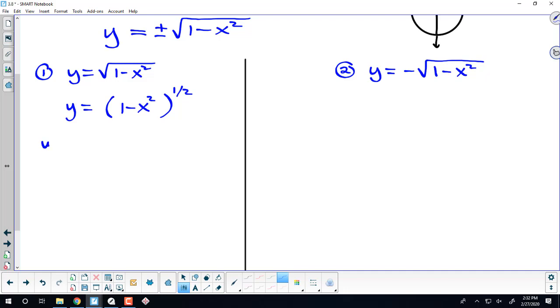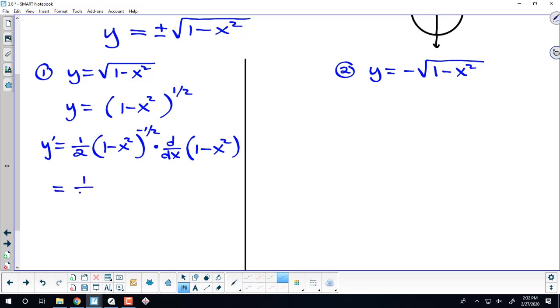So y prime is going to be 1/2 times 1 minus x squared to the negative 1/2. Again, that's the derivative of the outer function with the inner function left alone. Then we have to multiply that by the derivative of the inner function, the derivative of 1 minus x squared, which is minus 2x.